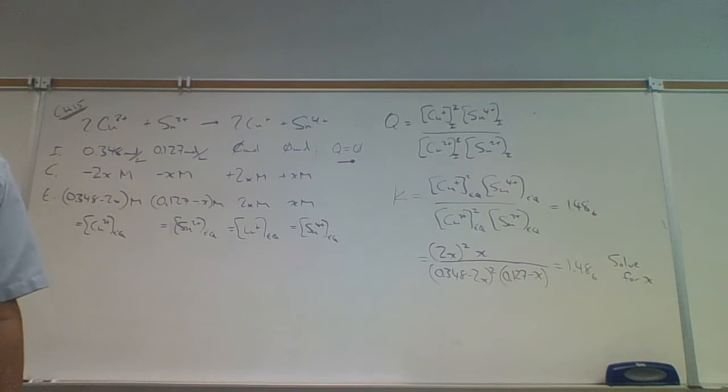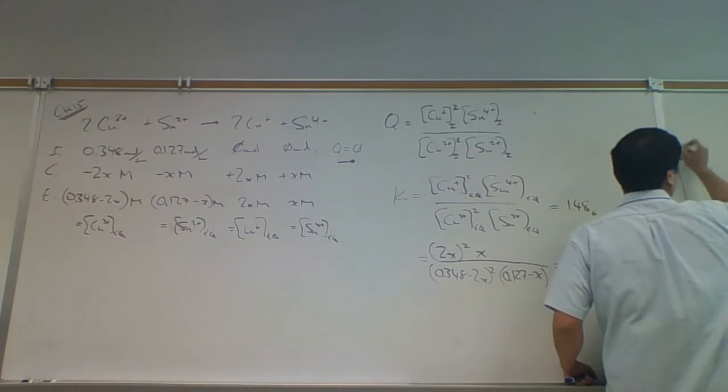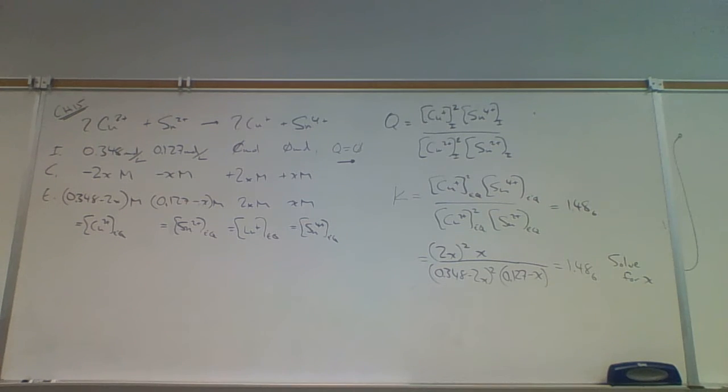This is hard algebra, but if you have a calculator, well, what calculator do you use? Well, probably the most powerful calculator that you're allowed to use for standardized tests is the one I recommended, the Casio. Did anybody buy that? The FX115? You got it? And so what you could do is, with that calculator, you can get this into the ax cubed plus bx squared plus cx plus d form is equal to 0.